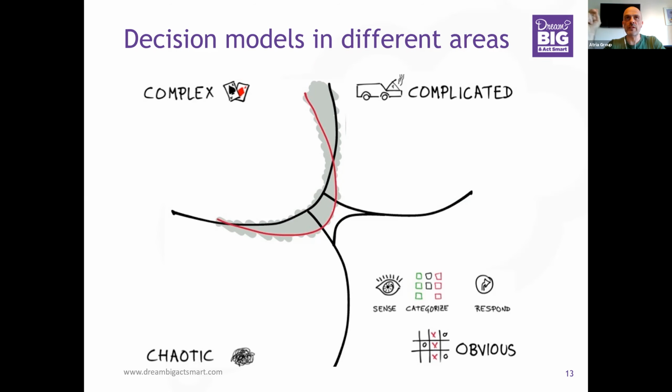If there is no light here, I need either to change the bulb or to check the fuse. There are not so many options, either something outside, something inside, or directly here. These are a couple of options. Then I sense, I categorize, and I respond based on that. So this is the area of best practice.